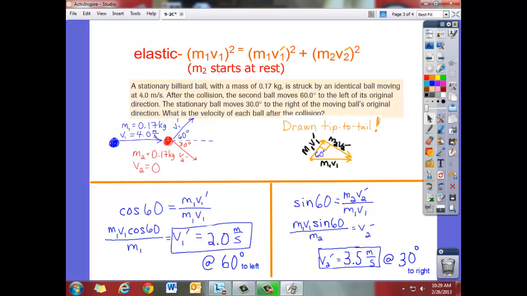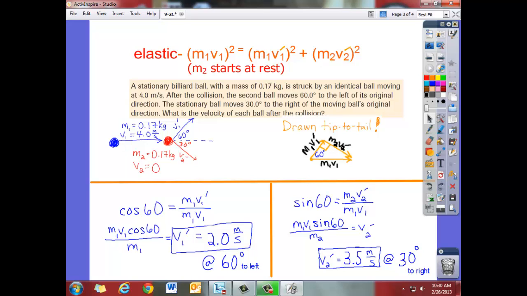So if I want to find one of the sides, either V1 prime or V2 prime, remember prime just means after, all I have to do is plug it into cosine 60 equals adjacent over hypotenuse. Instead of writing adjacent and hypotenuse, I plug in what sides of the triangle, M1 V1 prime over M1 V1. Technically, in this case, the masses cancel out because they are identical, but I left them in there in case you see an example where they're not the same.